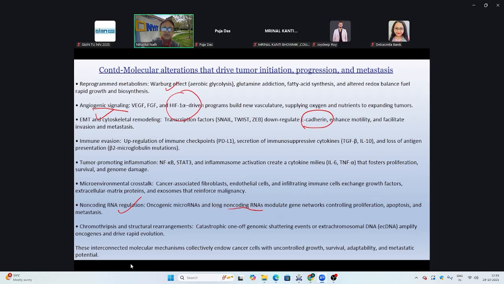They control things. So lncRNAs, these are long non-coding RNAs. These are fairly new for the last several years. And if they're present, they can also push proliferation and push cancer.